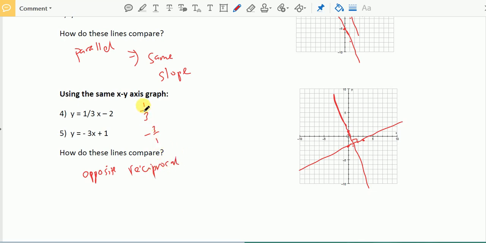That means their slopes are opposite in sign, and they are reciprocals. That means one is the flip of the other one. So they are opposite reciprocal slopes, and they are perpendicular. So remember, if you have the same slope, they are parallel. If they have opposite reciprocals, they are perpendicular.